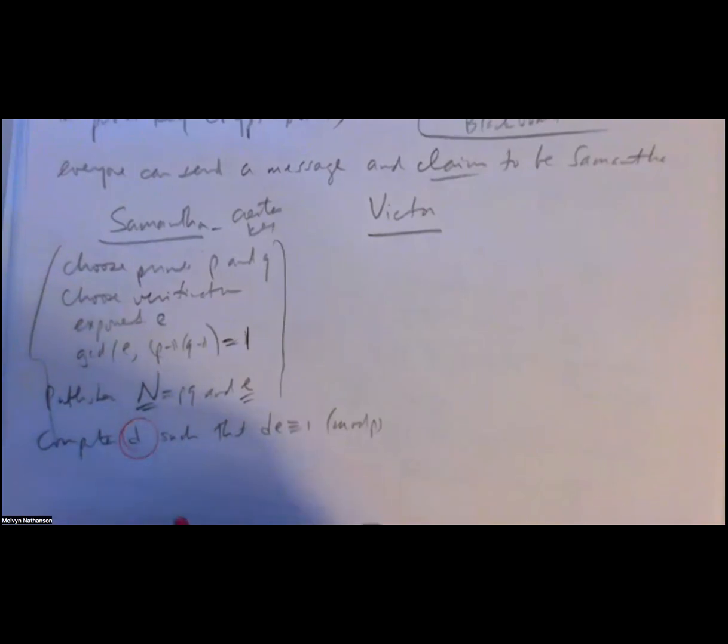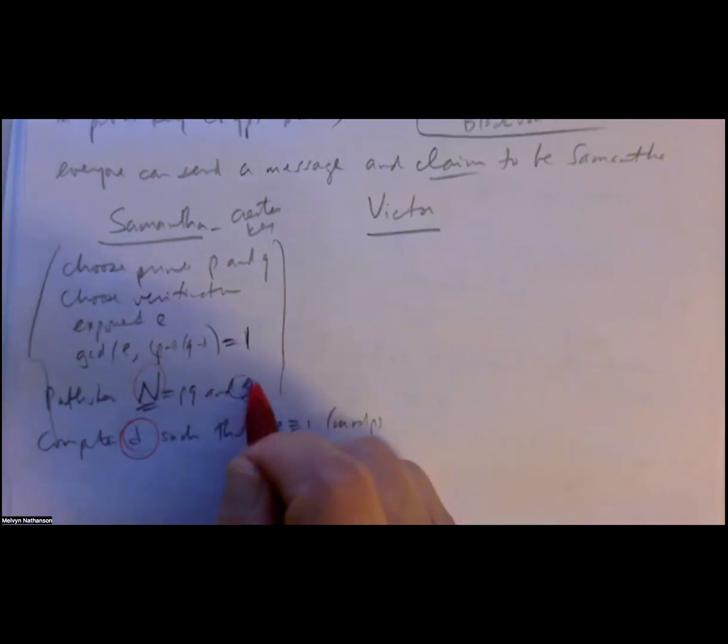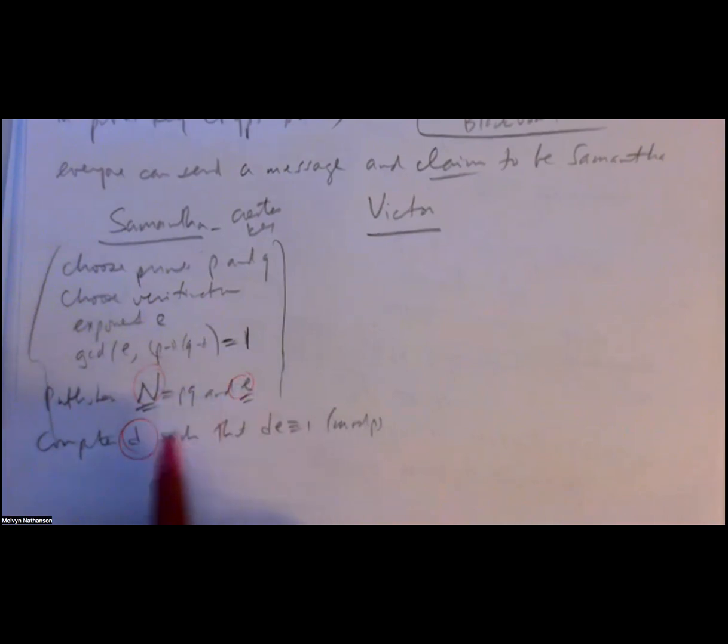So now D is the secret knowledge that Samantha has. And everyone knows N and E. So these are in the public domain. This is Samantha's secret number D.